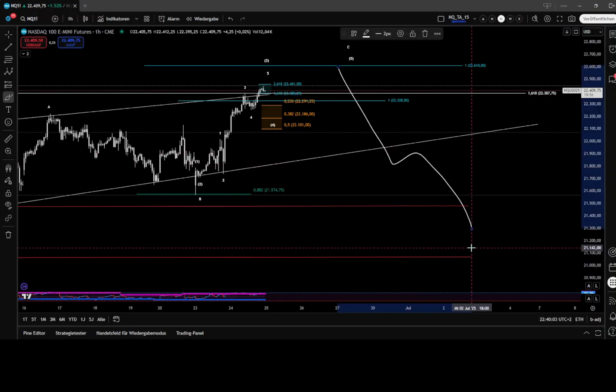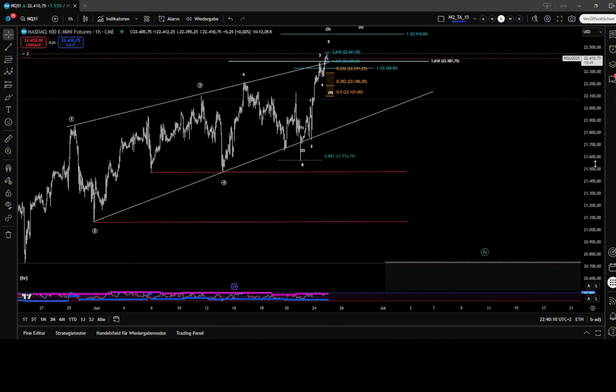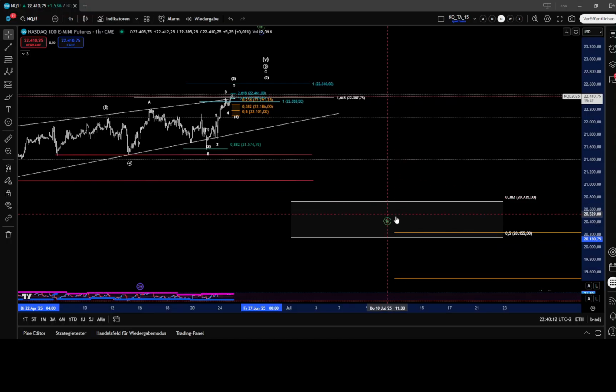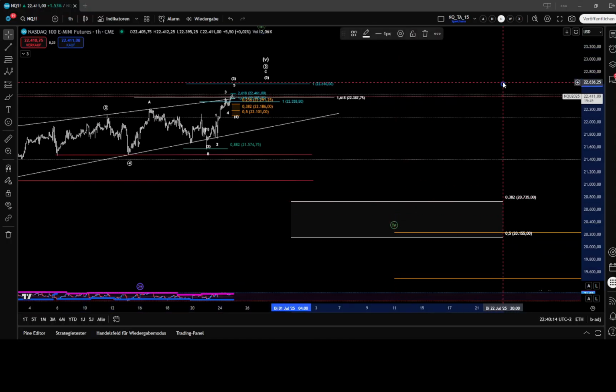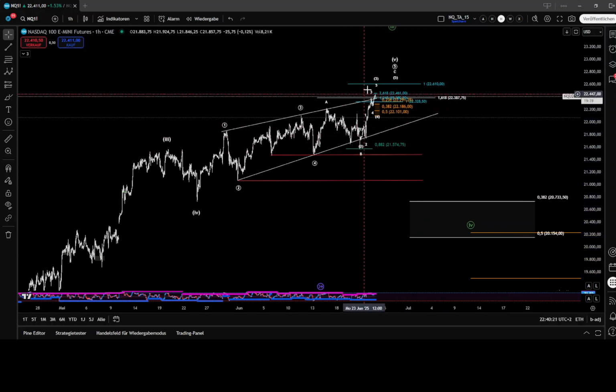Then we should get our pullback, and that pullback to the downside should tell us more, and that would be my fourth wave pullback in green, which I have on the chart here. I have adjusted the targets to the upside to my 100% extension target, which should be, in my view, the end of this move to the upside here.